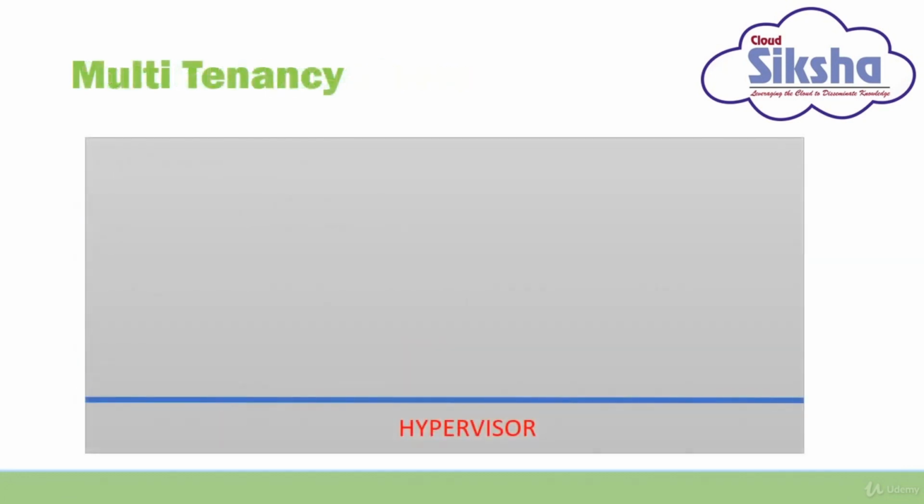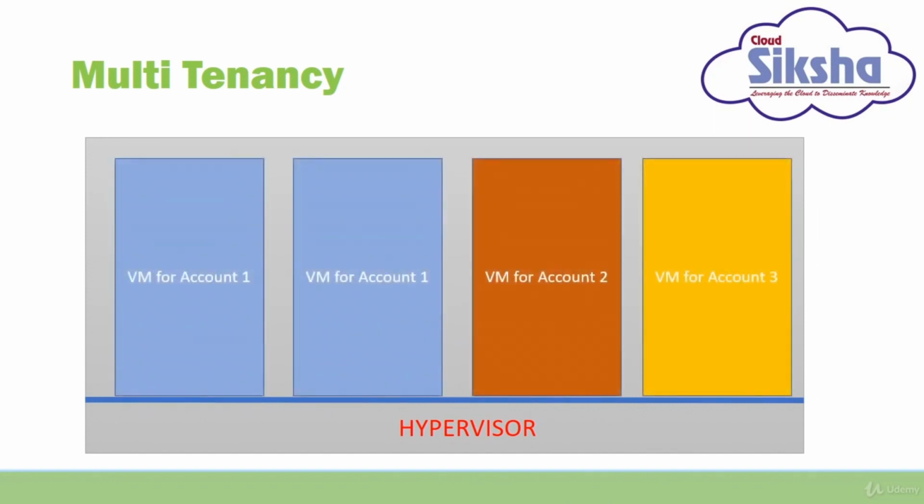Now these virtual machines are generally multi-tenanted. What do you mean by multi-tenanted? Multi-tenanted, as this diagram would show you, is about which virtual machines are running on the hypervisor. Let's take a cloud scenario. Amazon would run a virtual machine for you on a particular hardware, a particular hypervisor.